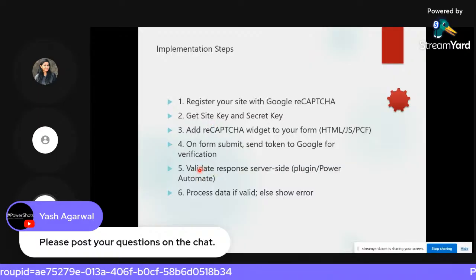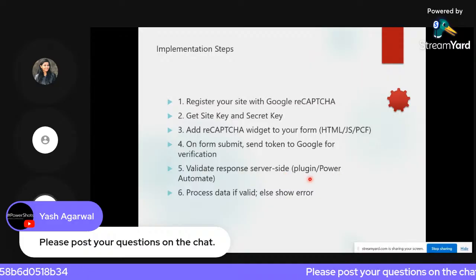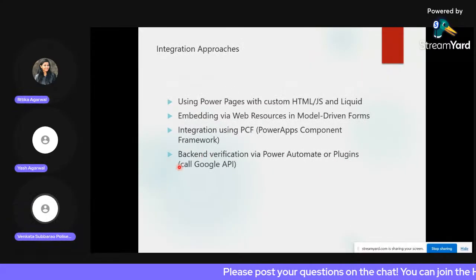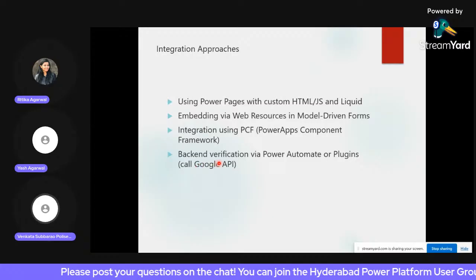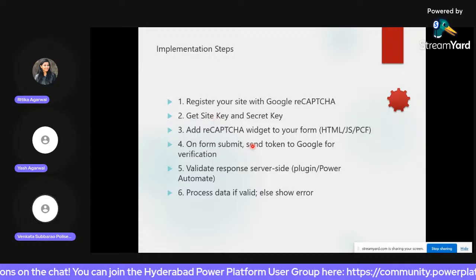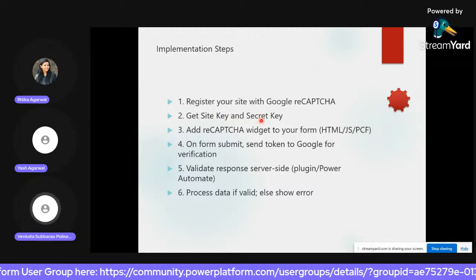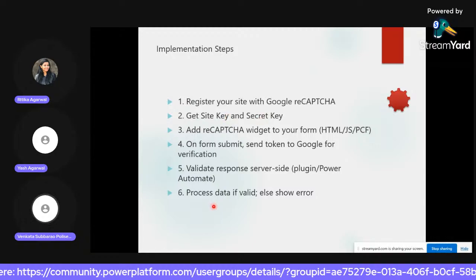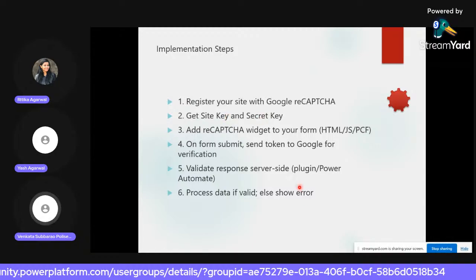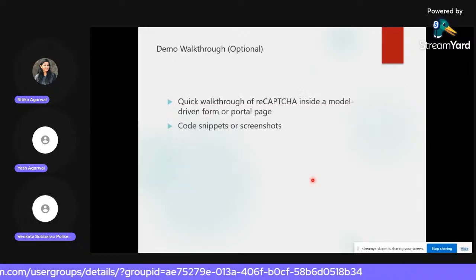The fifth step is validating the response with a server side plugin or Power Automate. In this backend verification, the API will take this site key, and in the API we'll have the secret key. It will match the site key and the secret key. If they match, we'll process the data if valid. Otherwise, we'll show this particular error.